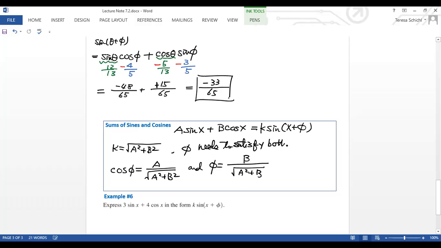Then you need to decide where phi is located.